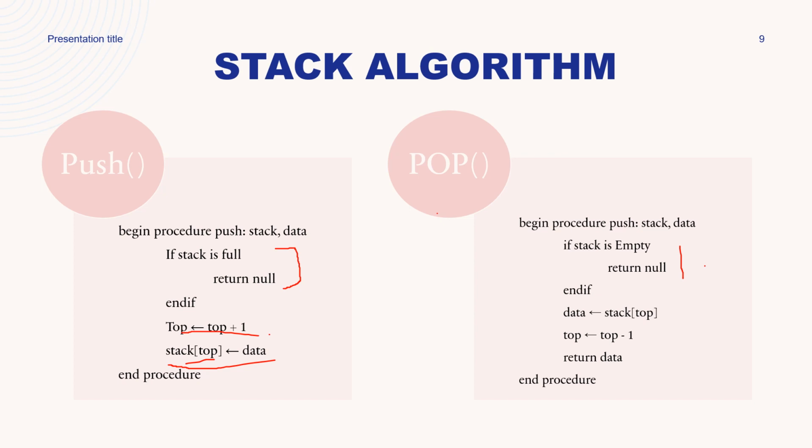Okay, then if the stack is not empty, we can remove the element from the stack, and we need to decrement the top pointer by 1. And this is actually optional, but we may or may not return the data. It depends on the user and the operation you want to perform.